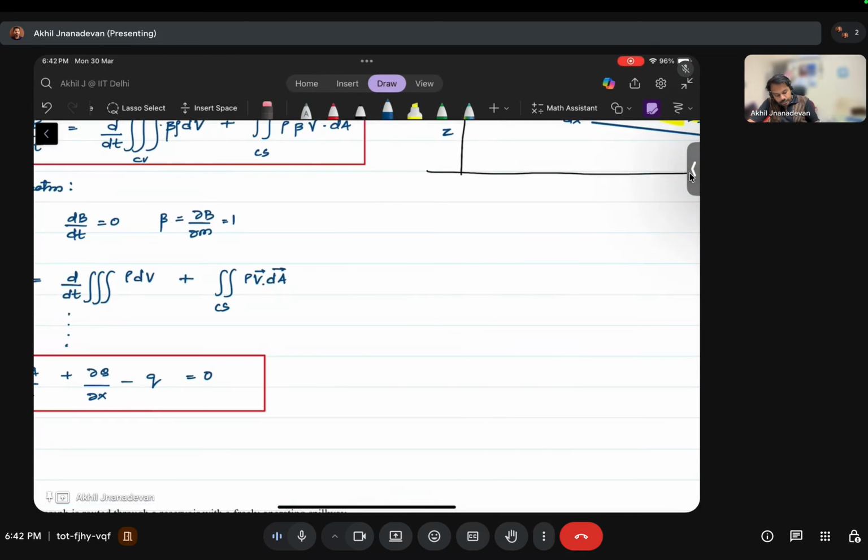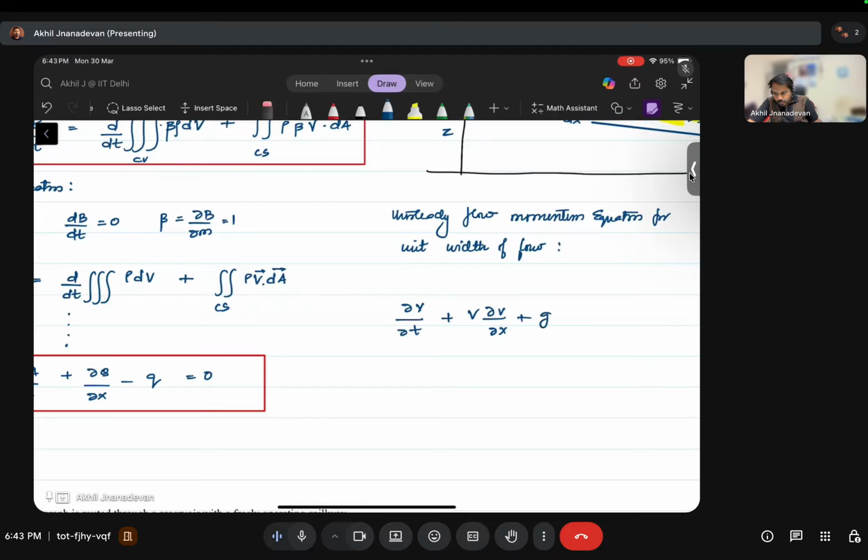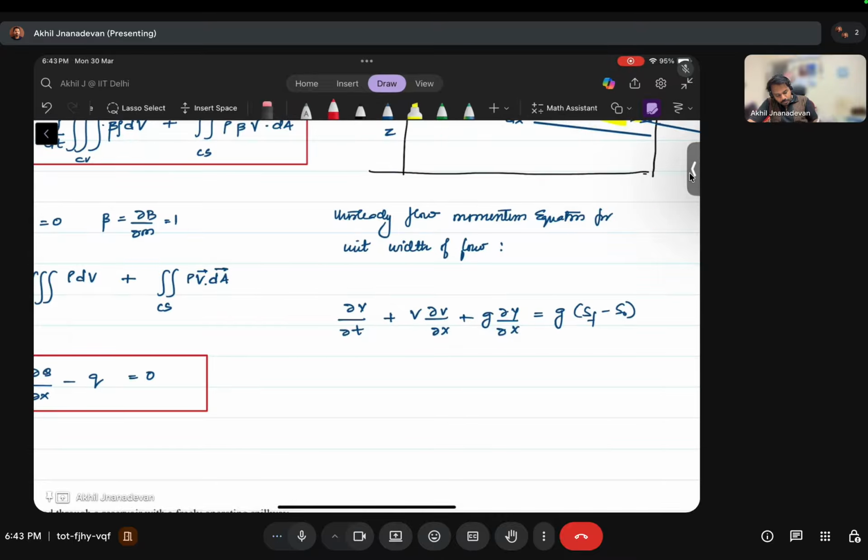The final expression, the unsteady flow momentum equation for unit width of flow, if we solve using the RTT, we get dou V by dou T plus V dou V by dou X plus g dou Y by dou X is equal to g into (SF minus S0), that is friction slope minus bed slope. So this is our momentum equation.